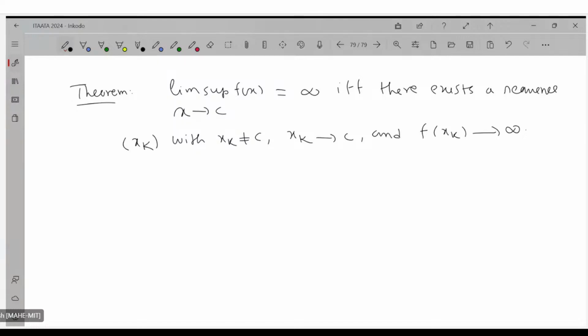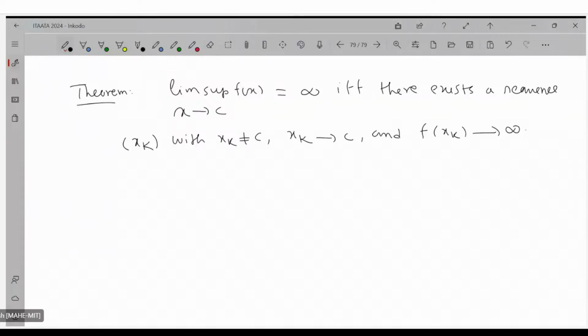If f of xk converges to infinity, then the limit supremum of f(x) is infinity. If there is at least one sequence for which this is true, then the lim sup of f(x) will be infinity. So it's very helpful for us to get the limit supremum of a function.